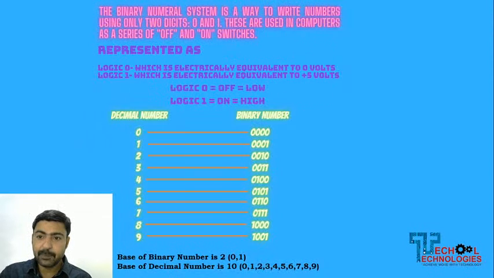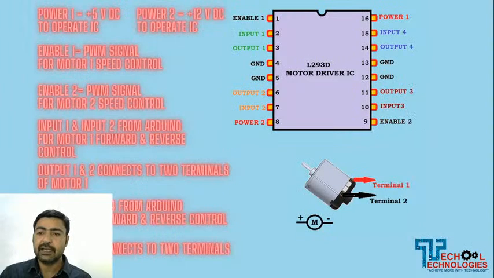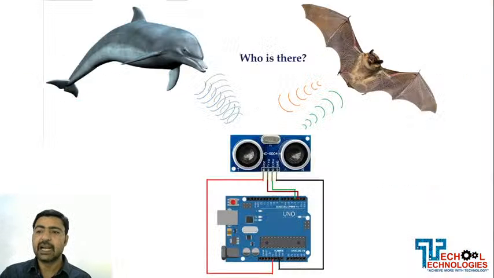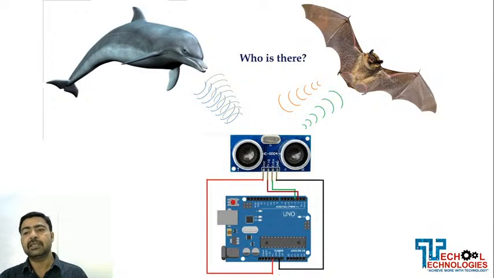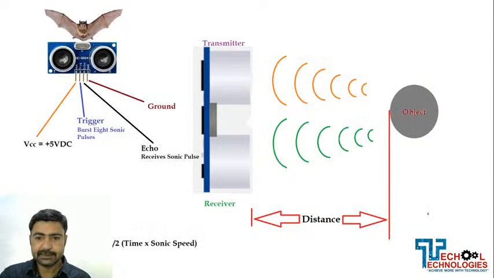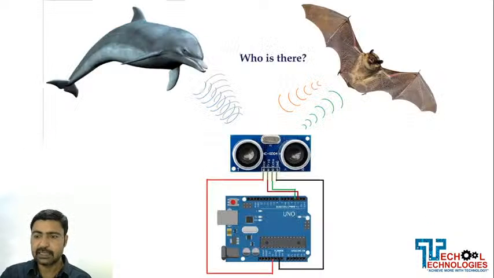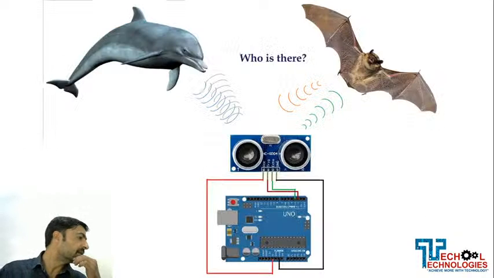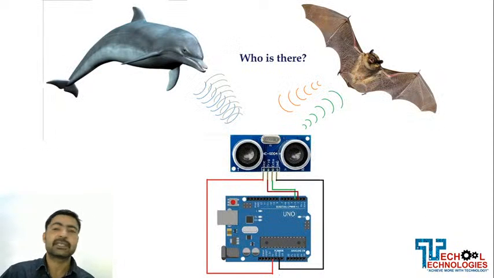One example I'm quoting here is the ultrasonic sensor. An ultrasonic wave is a wave of very high frequency, almost greater than, I forgot the figure, 10,000 hertz. Check the frequency range of the ultrasonic sensor.